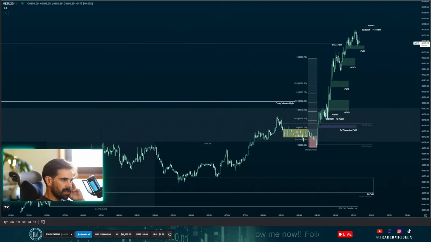Yeah, it seems like this can eventually be nice news and bullish news for indices, honestly. Because if Iran agrees to a ceasefire with Israel, it can be very positive for the United States.